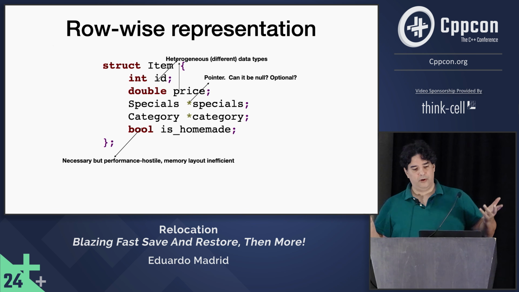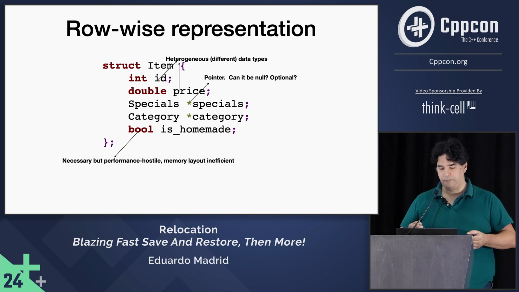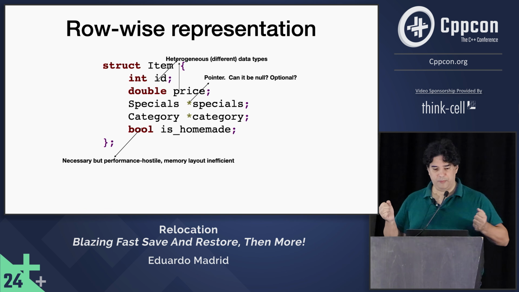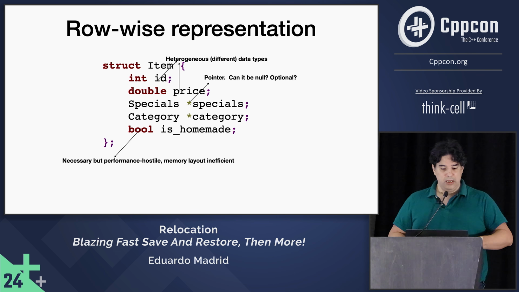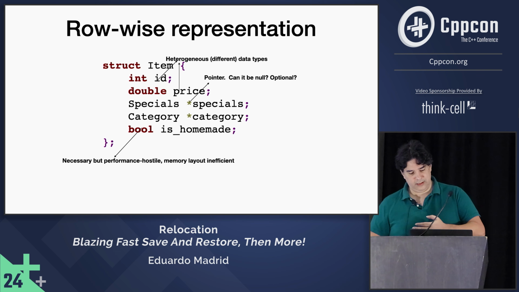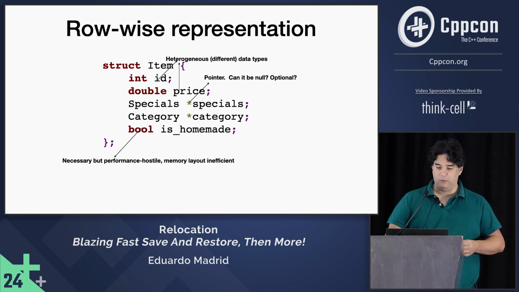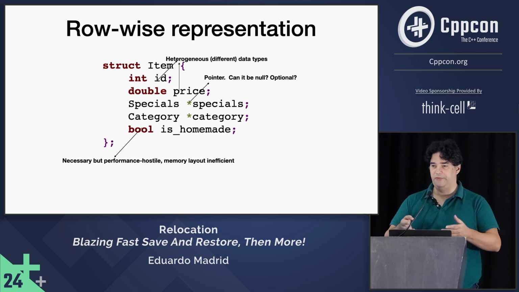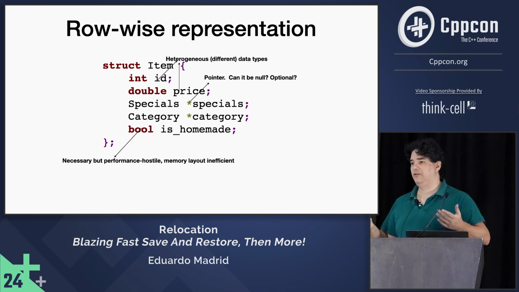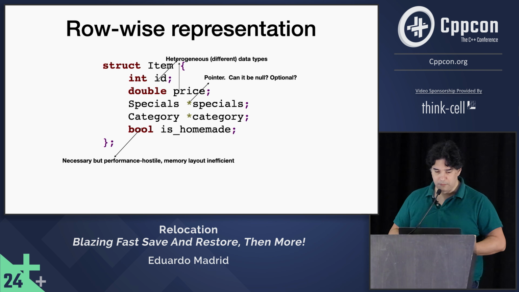Let's say that you are having a representation for the items that are sold or traded in a commerce site, okay? This is not realistic, but all I wanted to do is to just show you some example of a structure that has heterogeneous members.